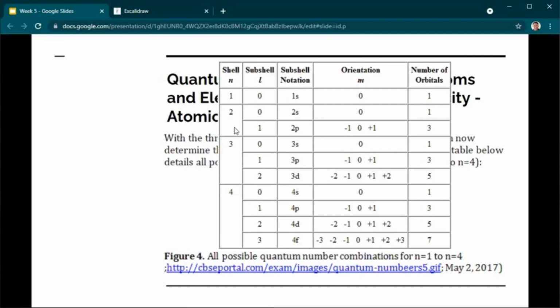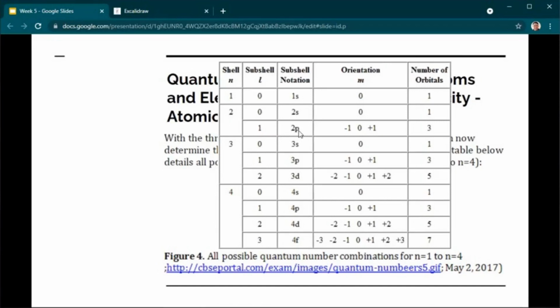Next, we have the number of orbitals, which depends on the magnetic quantum number. So next, if we have two quantum levels, or n is equal to 2, we will have two subshells, 0 and 1. Again, n minus 1. 0 is denoted by s, 1 is denoted by p.